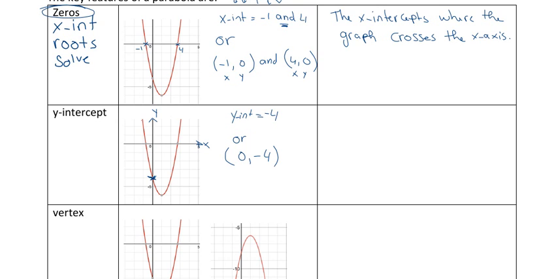Every single quadratic has a y-intercept. Okay? Sometimes it's not visible, but they do have a y-intercept. So it's where the graph crosses the y-axis.